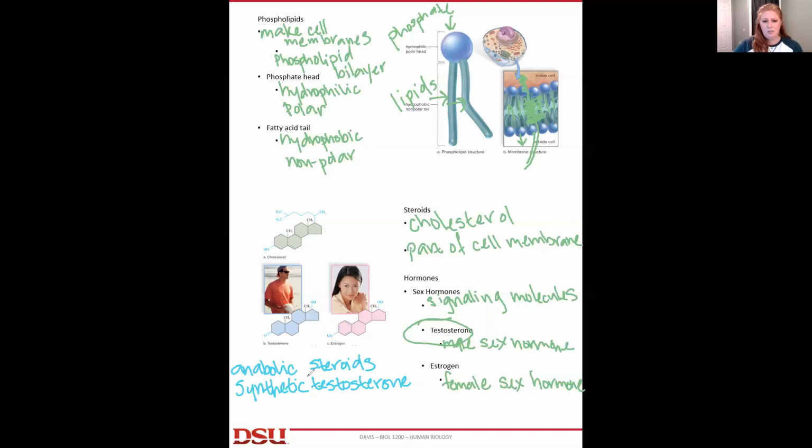This obviously has some issues, because once the person is no longer taking the steroid, the body's not producing it. So now you've got more issues besides just not being able to bulk up. You can have significantly increased levels of bad cholesterol. You end up with something called roid rage. I remember that as a kid in the 80s. I remember the term roid rage.